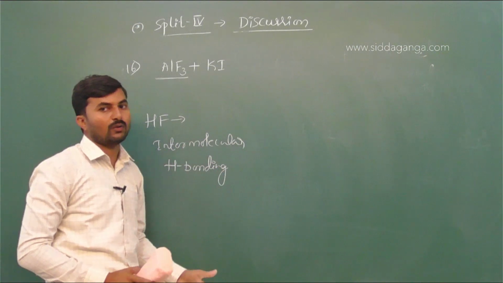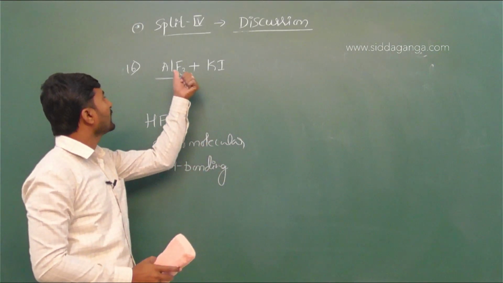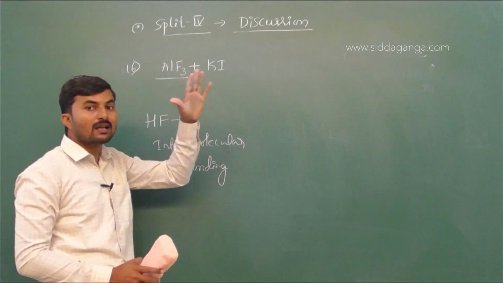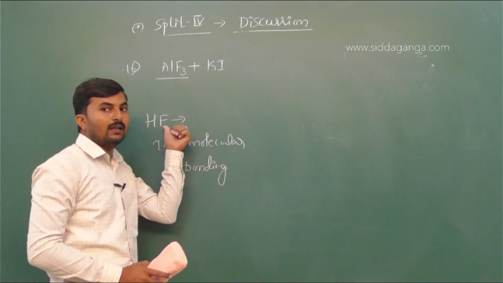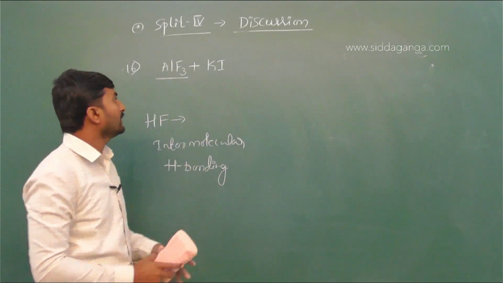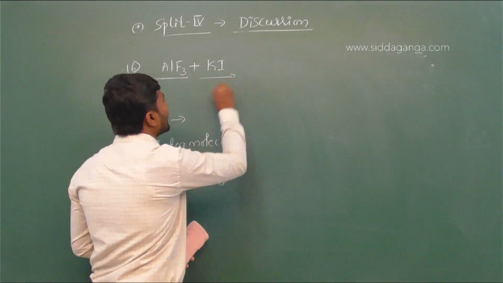Since HF is involved in intermolecular hydrogen bonding, this AlF3 has less access to these fluorine atoms. Since the fluorine atoms are involved in intermolecular hydrogen bonding, for the solubility of AlF3 there is less availability of fluorides. That is why, to provide that, we have to make use of this potassium fluoride.